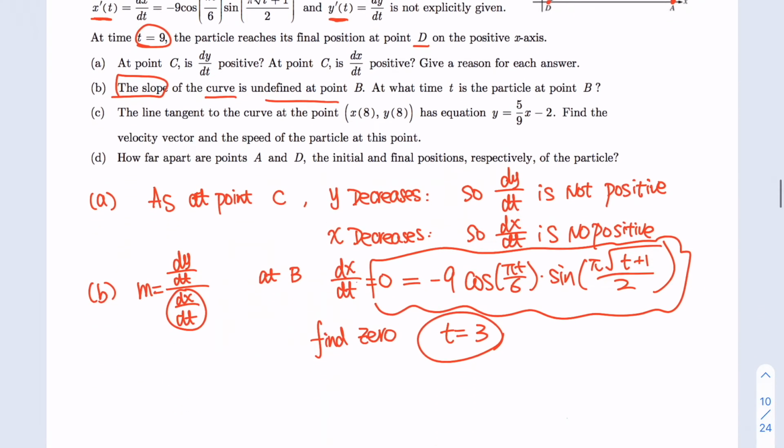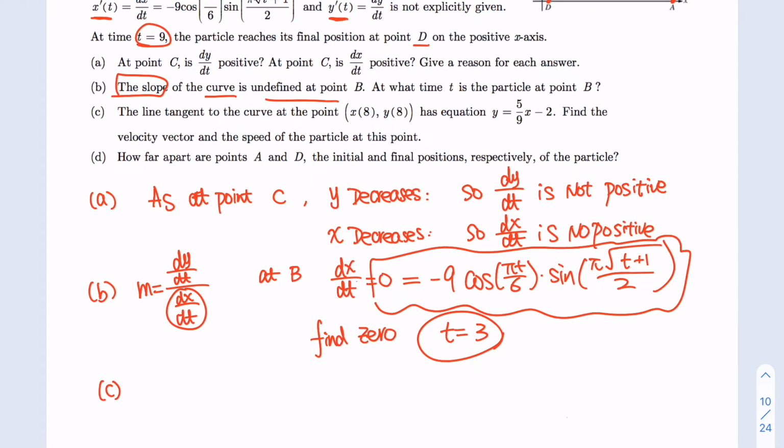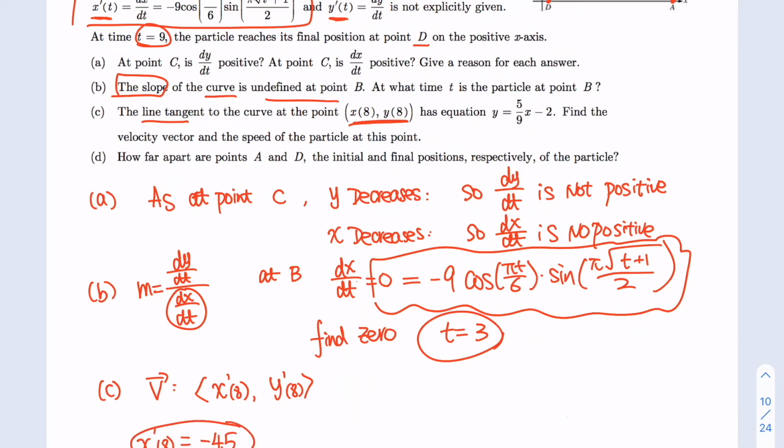Part C, the line tangent to the curve at x of 8 and y of 8 has an equation y equals 5 over 9 x minus 2. Find the velocity vector. So the velocity vector is given by x prime at 8, y prime at 8. Because dx over dt is given as x prime, we can directly plug in 8. Your calculator gives us negative 4.5.